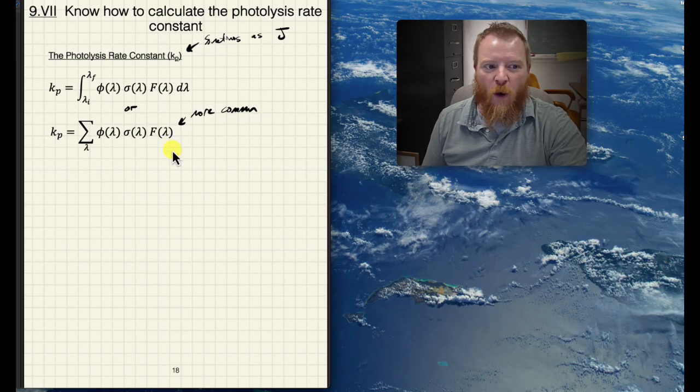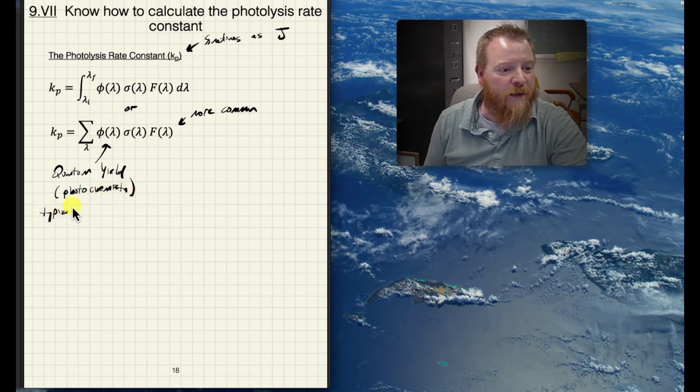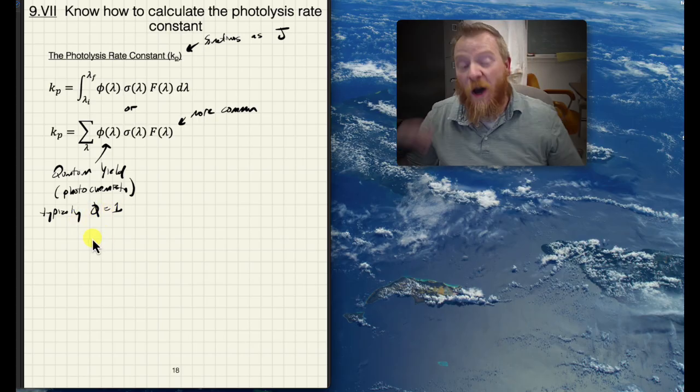So if we go through what all of this stuff means, phi, that is our quantum yield. And you can see it's a function of lambda. That would be quantum yield specifically for photochemistry. Very typically, we can assume the quantum yield for photochemistry is 1.